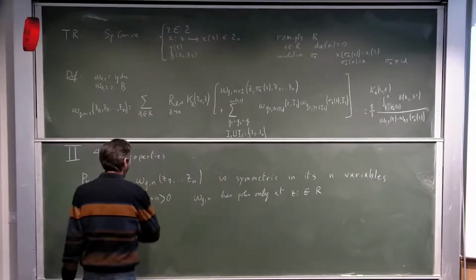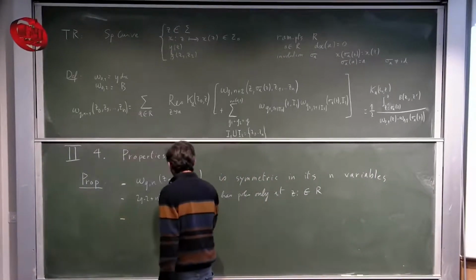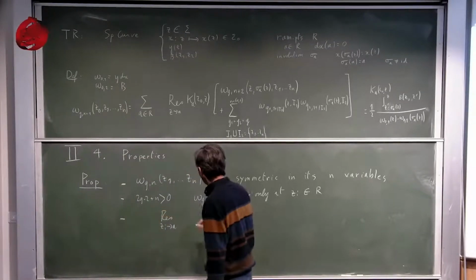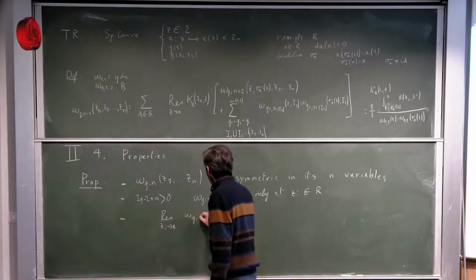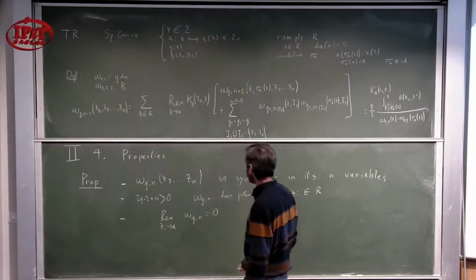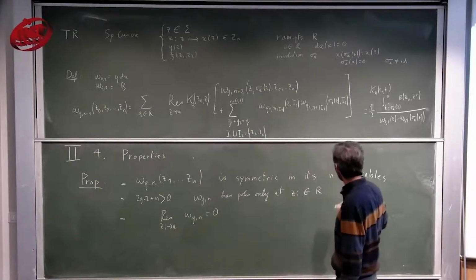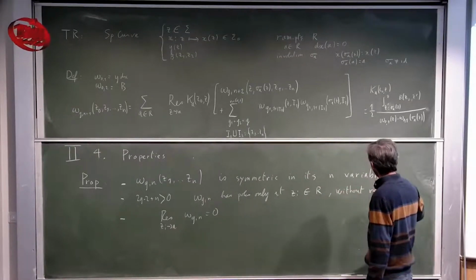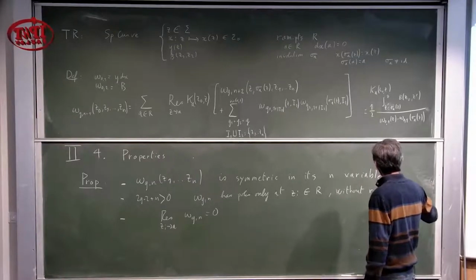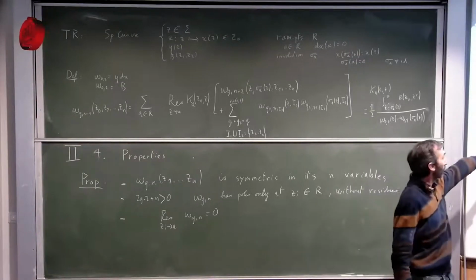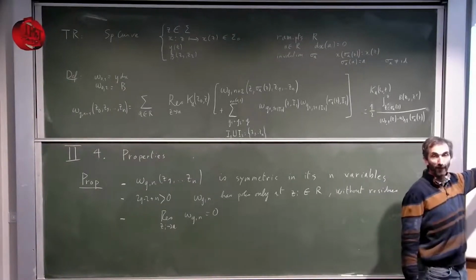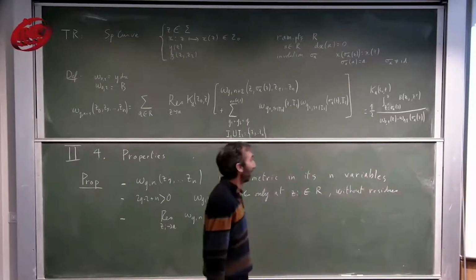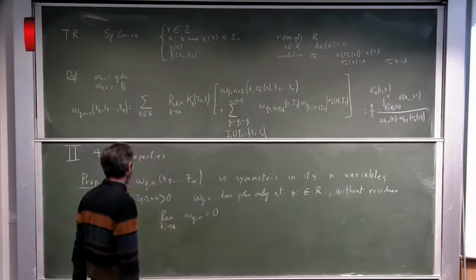And moreover, the residue in every variable when zi goes to a ramification point of omega gn is 0. So they are poles without residues. Well, here in this example, this is obvious because there is no 1 over z. It's 1 over z square, and in fact, it's easy to see that it's even.